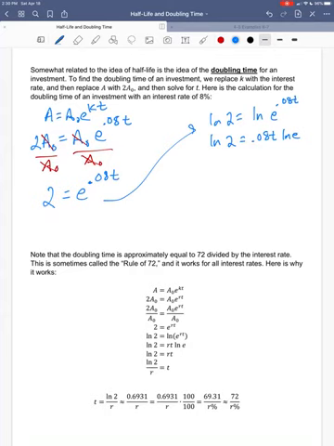And like before on this other page, the natural log of e is just equal to 1, because e to the e power is 1. So natural log of 2 equals 0.08t, and I would just divide by 0.08 and get that result there.